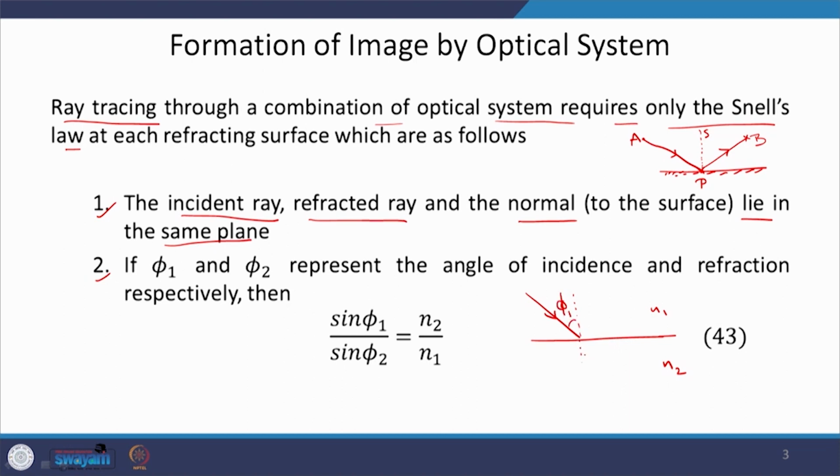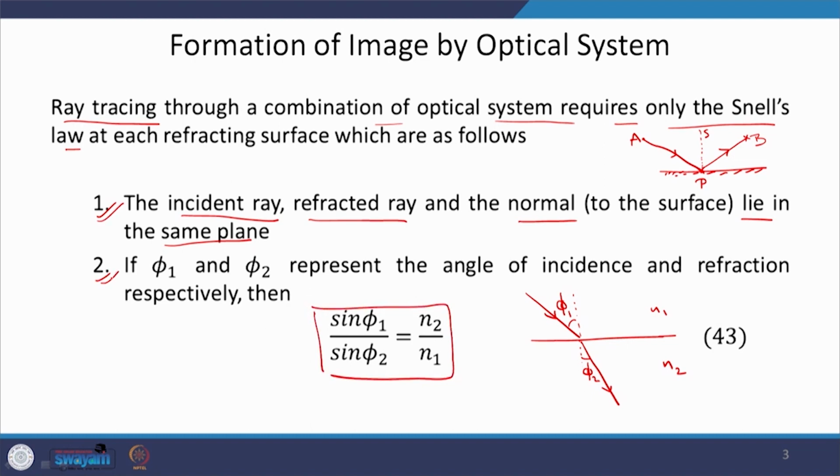It will be refracted through an angle phi 2 in the second medium, and the ratio of sine of phi 1 and sine of phi 2 is related to the refractive indices through this relation. These two points constitute Snell's law.